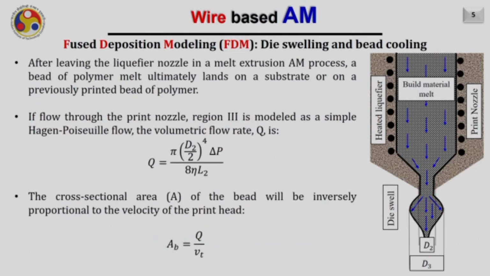After leaving the liquefier nozzle in the melt extrusion additive manufacturing process, a bead of polymer melt ultimately lands onto the substrate which is at the bottom.